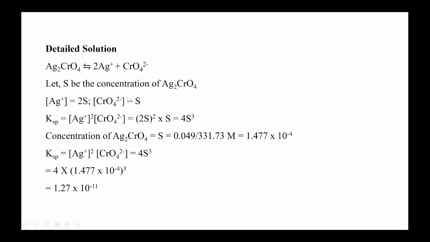And then you write S into 3S whole cube. That would give you a value, and since you have the KSP, you can calculate S, and based on your formula, the OH minus ion concentration would be 3S. So you can calculate the POH and then pH.